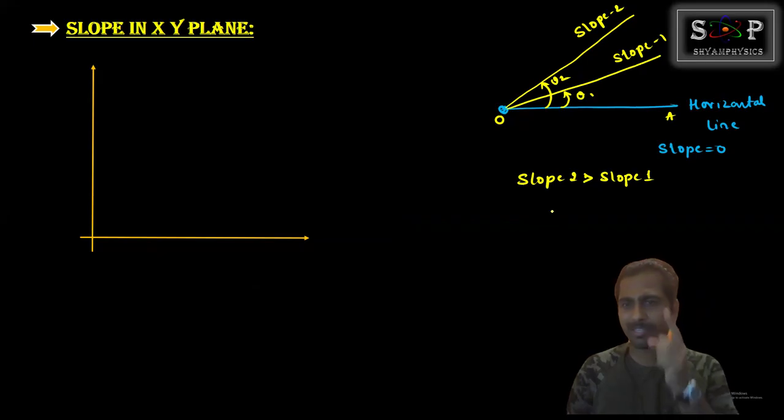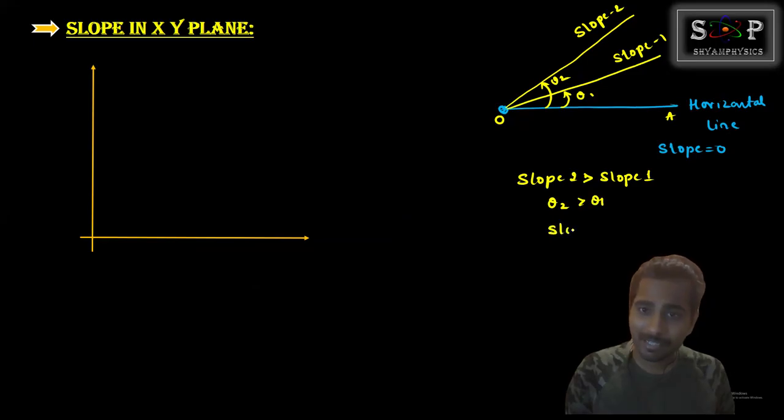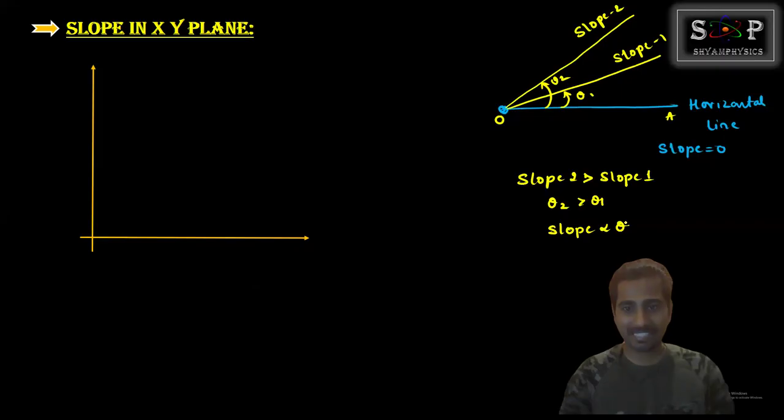One more point: if the angle increases, the slope also increases. So theta 2 is greater than theta 1, or simply, slope is directly proportional to theta. As theta increases, slope also increases. Done. Hope it is clear to everyone.